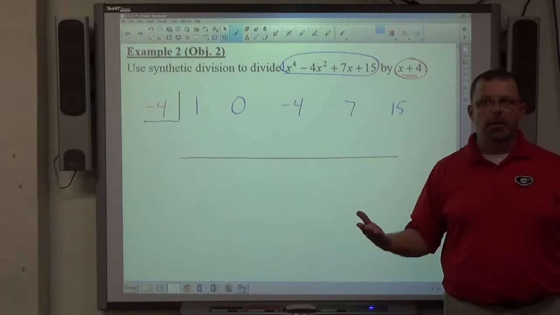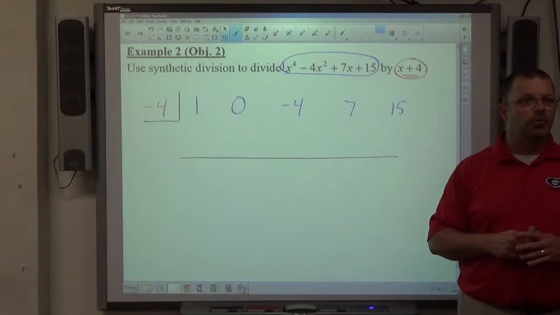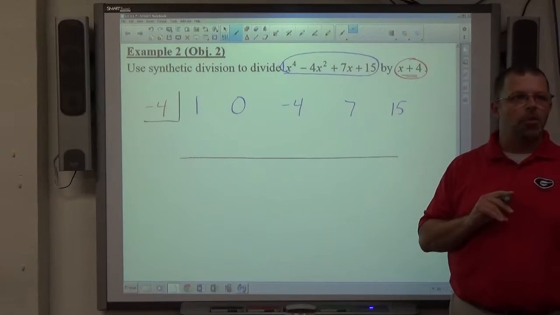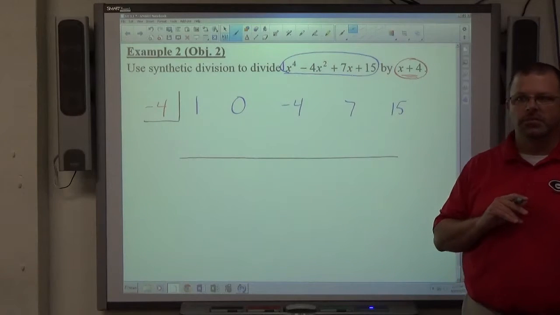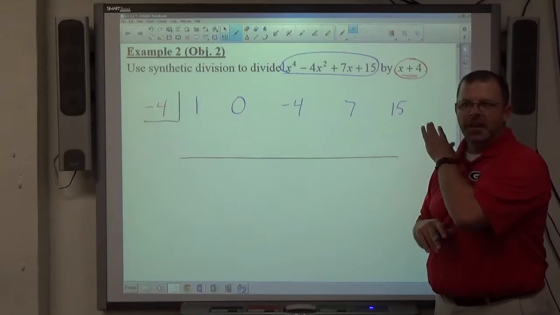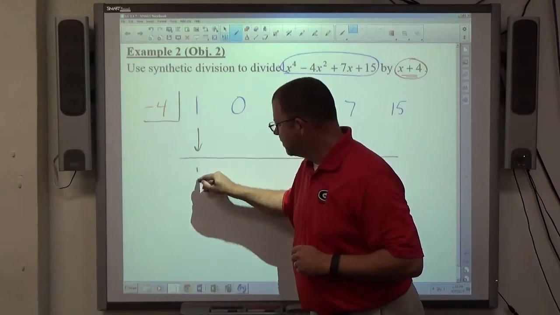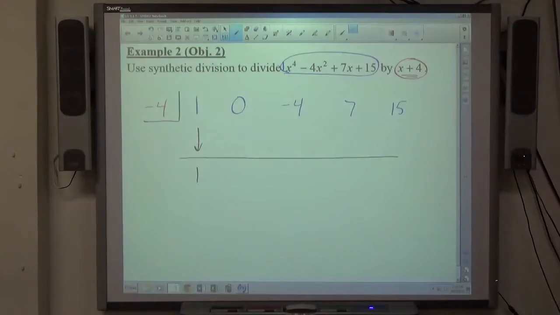If you set it up properly, the next thing to do is to perform it properly. This next thing I'm about to do is what most people mess up with synthetic division. They get everything set up perfectly right, and they do this wrong. First number underneath there is the same as the first number in the polynomial, every time. I know you're like, why would anybody mess that up?